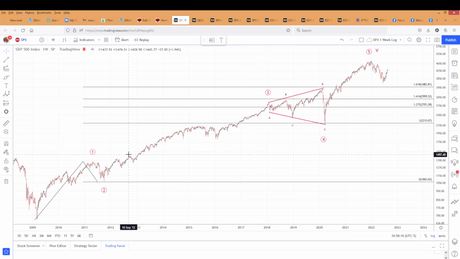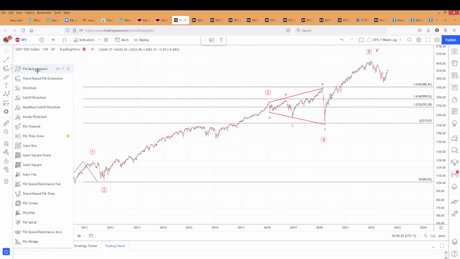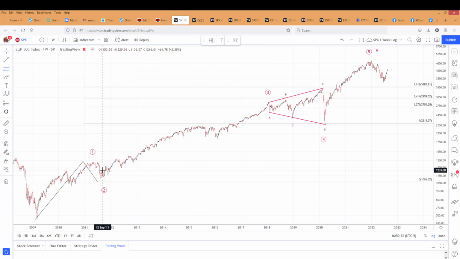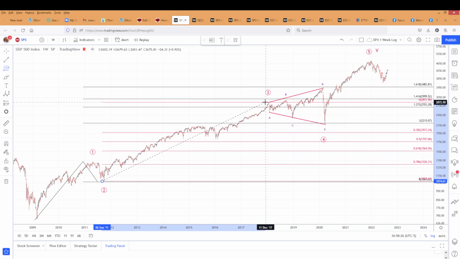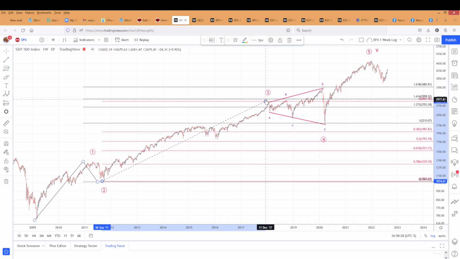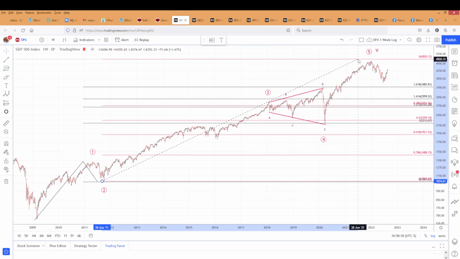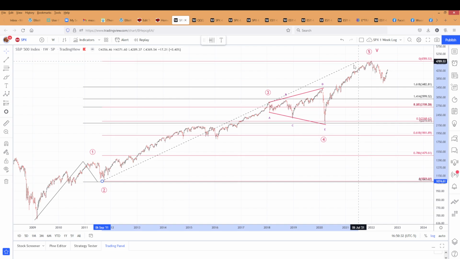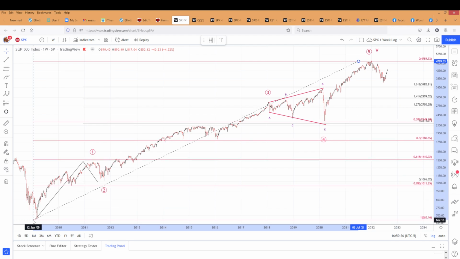You can see right, well, let's look at it, okay? Let's get this Fibonacci retracement. Let's see if that retraced 3. And not quite, but let's look at the whole thing. What are we retracing, this entire 5 waves up from the 2009 low?